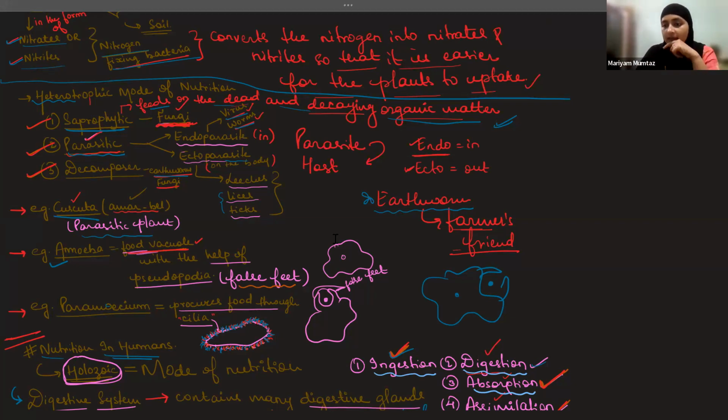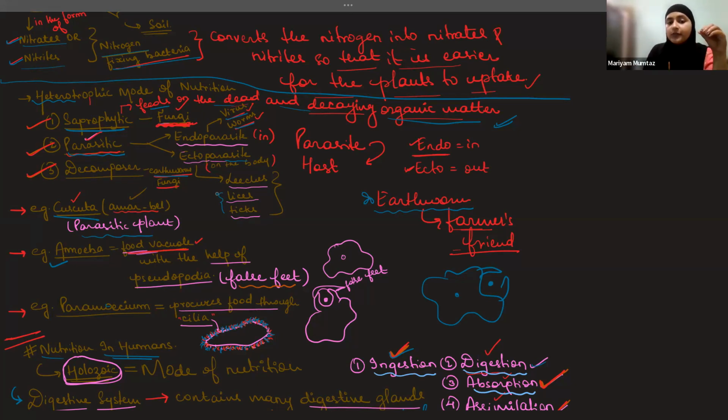Now talking about the examples of saprophytes and decomposers. For saprophytes, we have fungi. They mostly feed on dead and decaying organic matter. Fungus is also a decomposer, and along with that, earthworms. Everyone has seen earthworms, right?